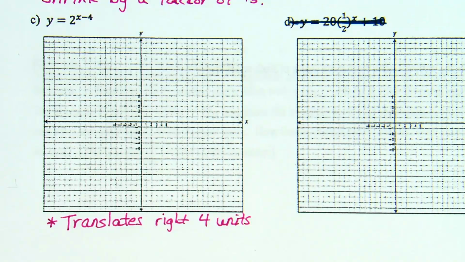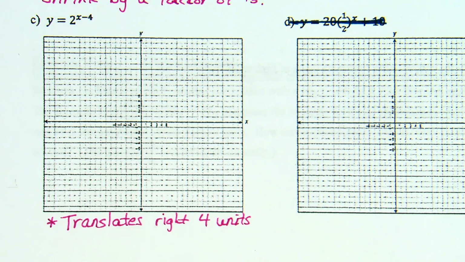Now, on this particular problem, and this is the type that is especially important to think about this. I would not recommend just doing an XY chart for the whole problem.